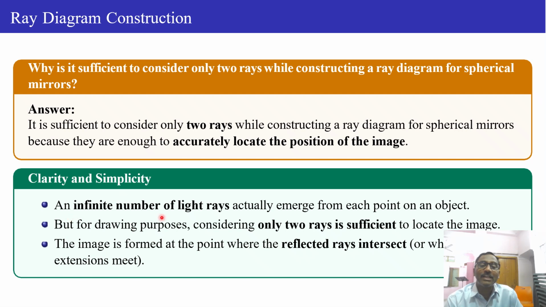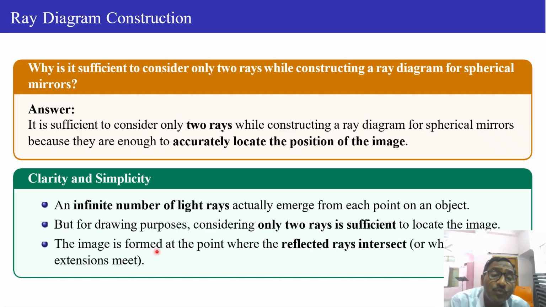An infinite number of light rays emerge from each point on an object, but for drawing purposes, considering only two rays is sufficient to locate where the image will be formed.